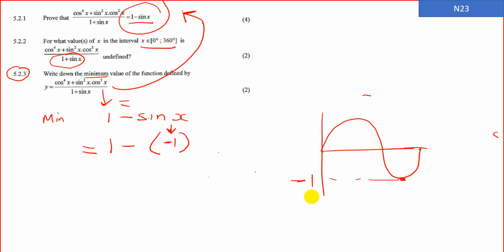Okay, so 1 minus minus 1 would give you 2. Therefore, that would be incorrect in my explanation, and I want to show you why.